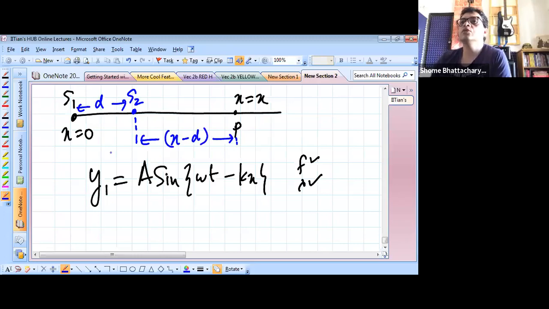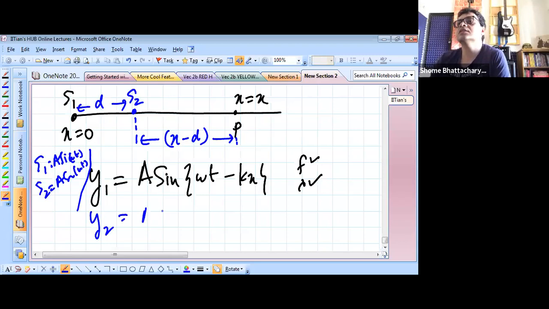Even though the second source is in sync with the first source, so what is the equation of S1? A sin omega t. What is the equation of S2? It is that same A sin omega t, because they are in sync. But the wave produced by S2 is not traveling through a distance x. It is traveling through a distance of x minus d.